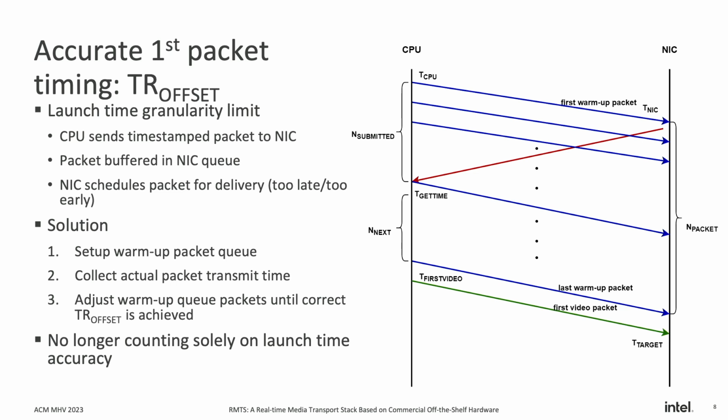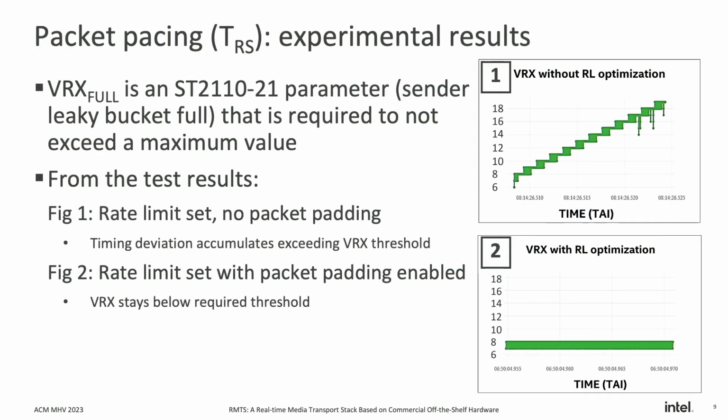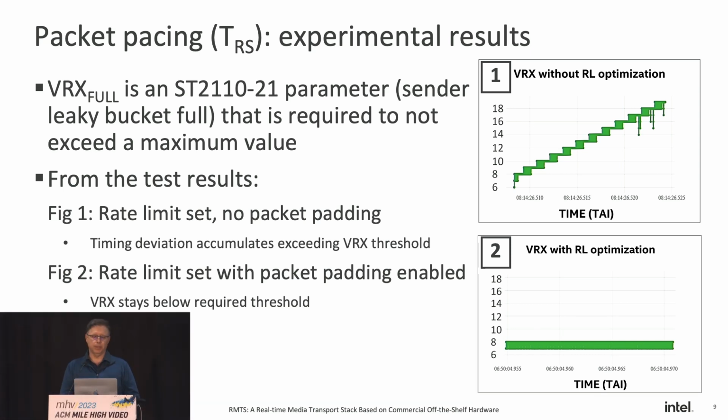And this allows us not to rely solely on the launch time windows of server-grade NICs, which are not particularly accurate. Okay. So from an experimental results standpoint, this is what would happen if we didn't do this dynamic padding for the interpacket gap. What happens is that you start to accumulate the amount of time between the packets, and it continues to grow forever, and you'll be out of spec very, very quickly.